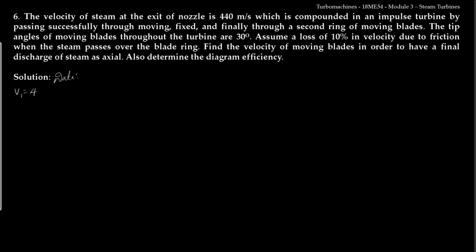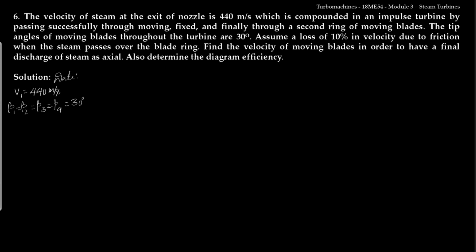So let us list the data. V1 is given as 440 meter per second, and that is compounded in an impulse turbine. So it's a velocity compounded impulse turbine by passing successively through a moving, then a fixed, and finally through another ring of moving blades. So the tip angles of moving blades, that is the blade angles, are given as 30° throughout the turbine. So beta 1 will be equal to beta 2, which is equal to beta 3, which is also equal to beta 4, and that will be 30°.